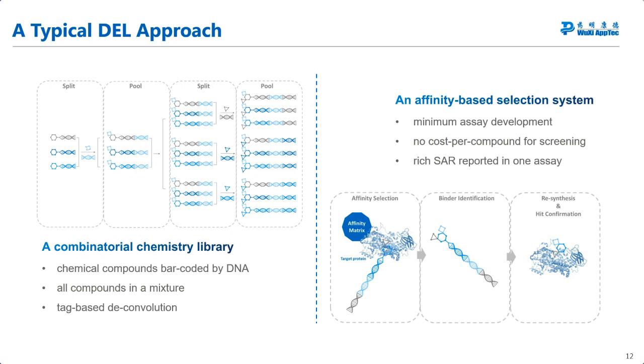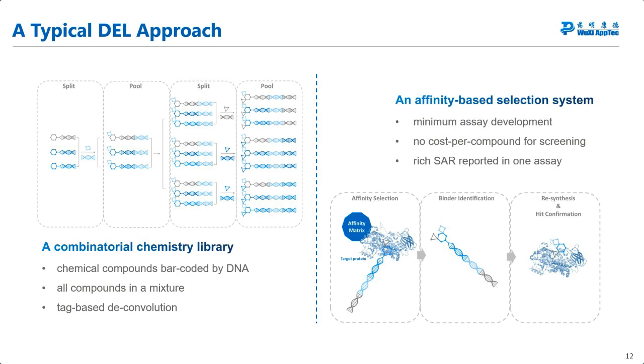Following this, we subject the target to heat denaturation, releasing binders for quantification, and this cycle can be repeated for 2 to 3 rounds to increase the difference between binders and non-binders.